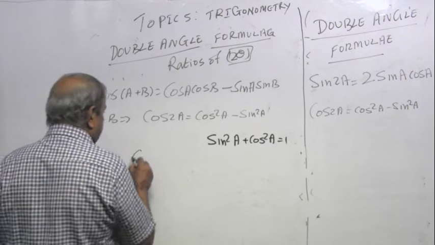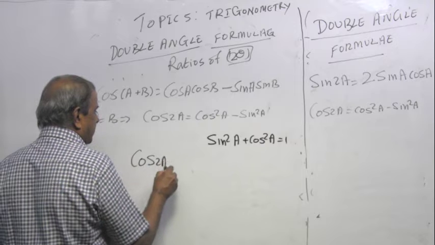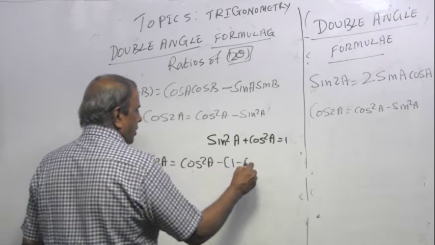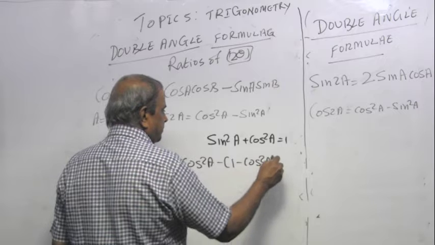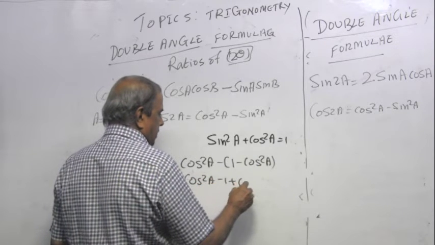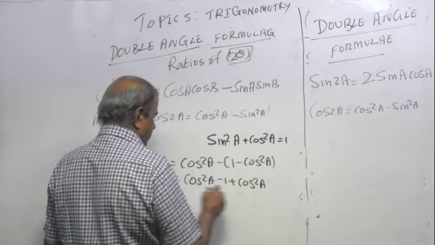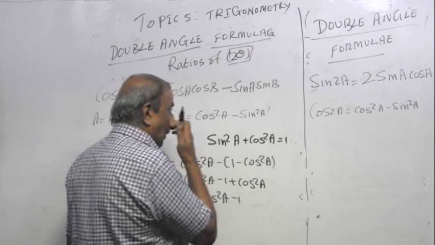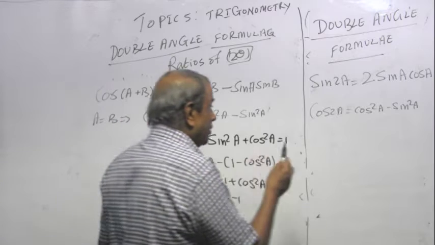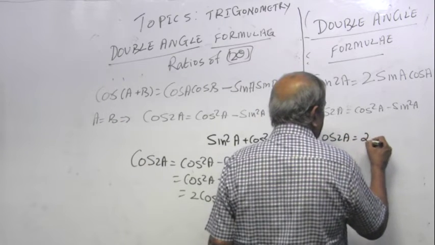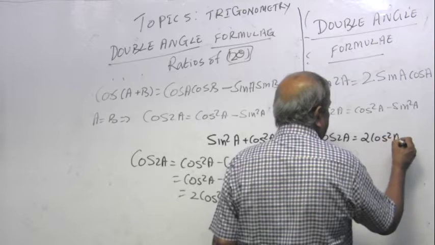So therefore I can say cos 2a as cos squared a minus 1 minus cos squared a, which is cos squared a minus 1 plus cos squared a, which is 2 cos squared a minus 1. So I have cos 2a equal to 2 cos squared a minus 1.